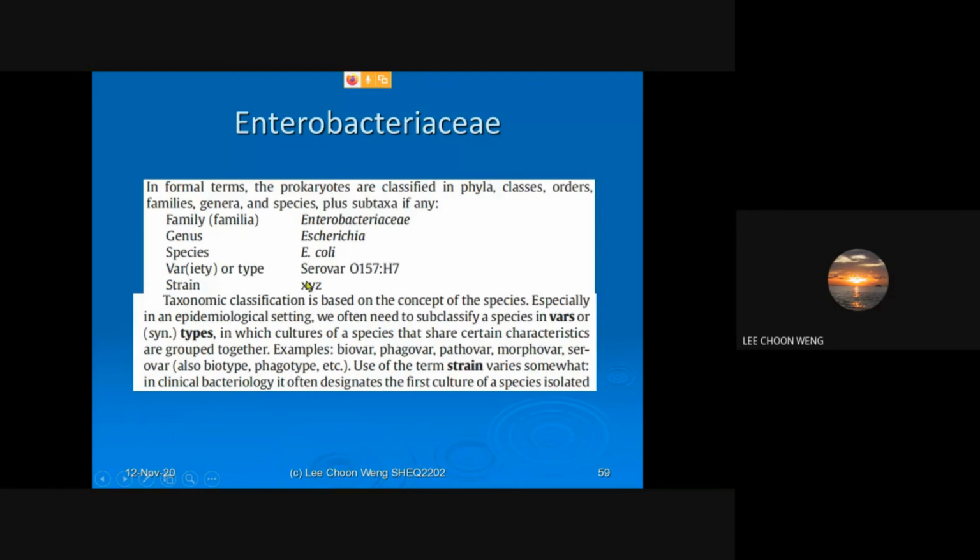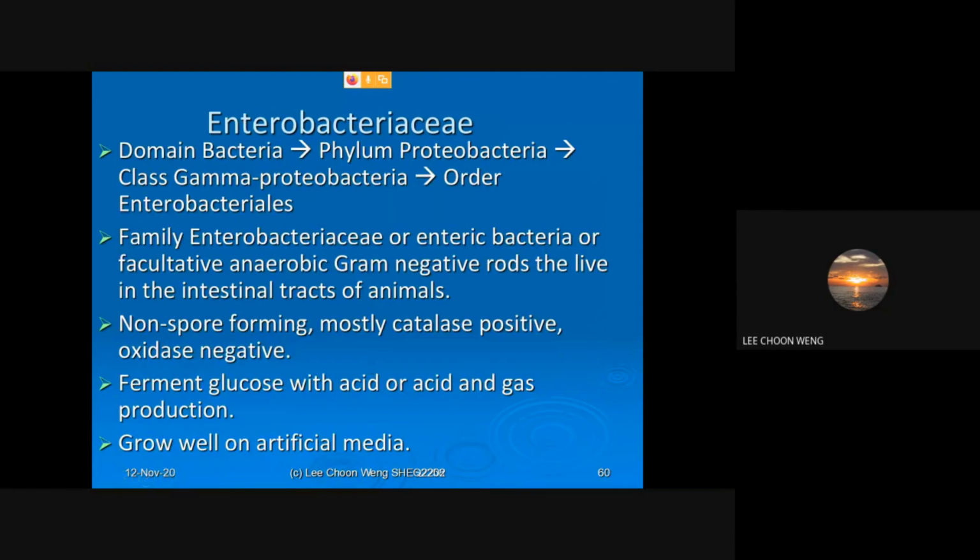Strains are usually a lab-based naming system, the way you name a bacteria in your lab. That's why you can have different strains of the same species in a lab.